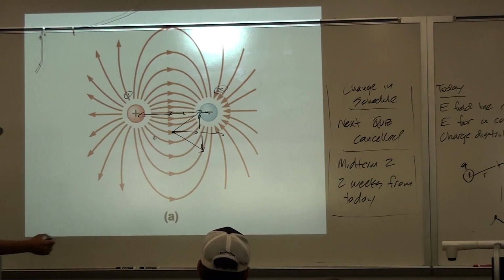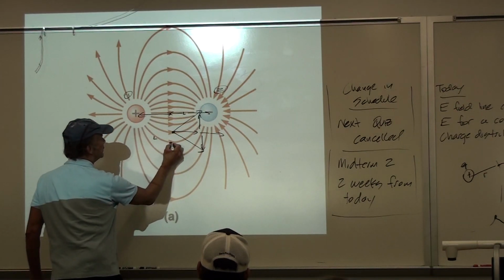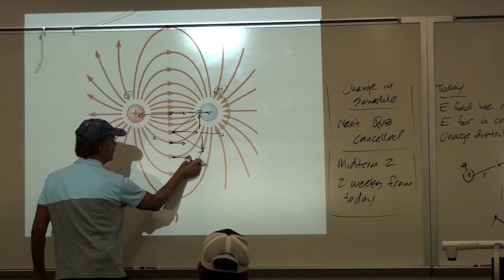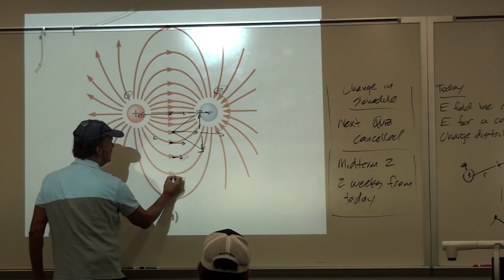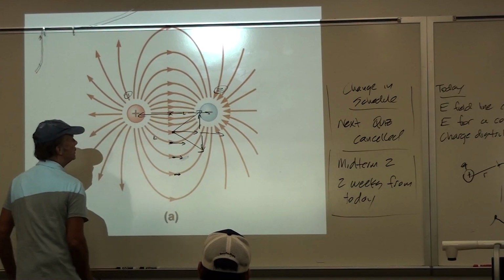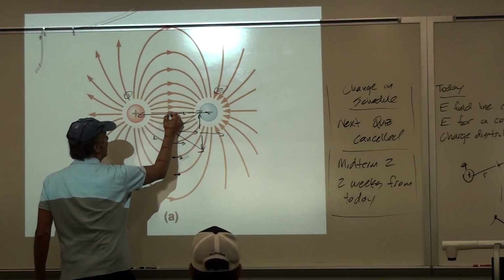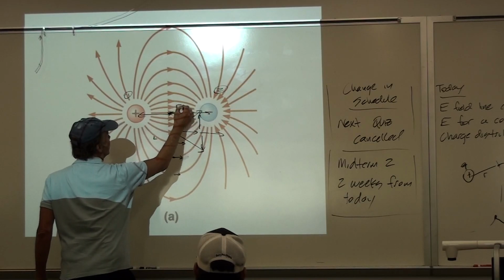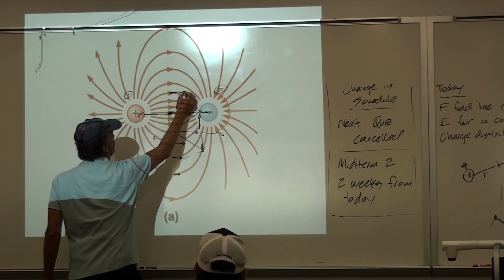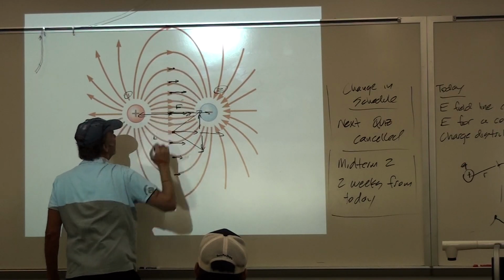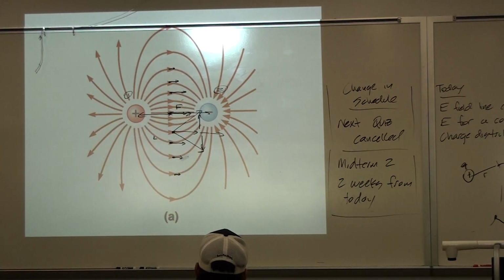So what we notice then is that the tangent to these electric field lines along this line of symmetry only has a horizontal component, but it's going to decrease in size as we get farther and farther away from the center. And that electric field will be a maximum value at the midpoint. And then we'll drop back off again, but it will be horizontal, essentially a tangent to the electric field line.